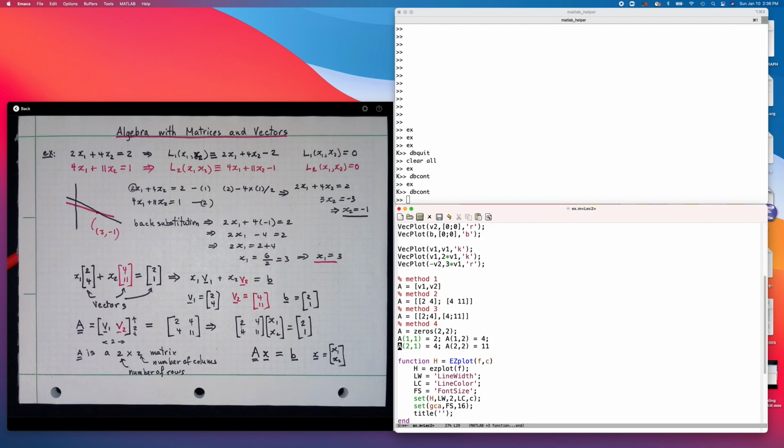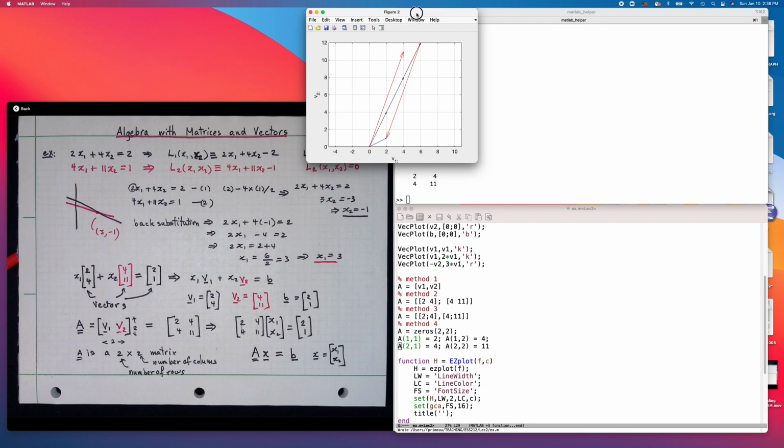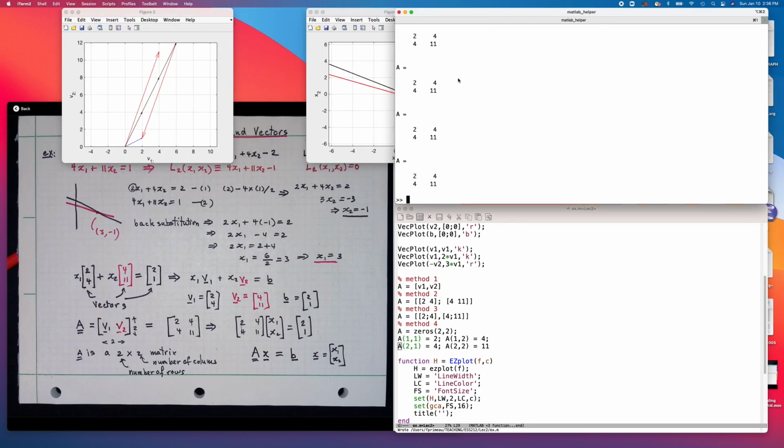For the last one, I'll leave out the semicolon so we can see the matrices. All right, let's run it and see what we get. We should have a bunch of A's, always the same: 2, 4, 4, 11. They all gave the same thing in the end.